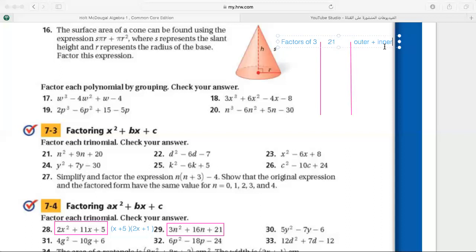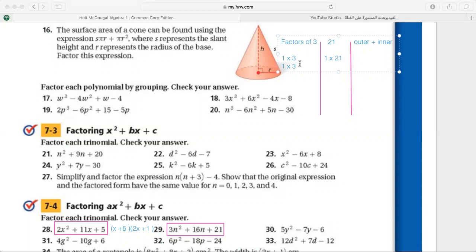Okay. Here I have. What are the factors of 3 that I'm going to use? 1 times 3. Yes. Okay. Here, factors of 21. What are the factors of 21 that I'm going to use? 1 times 21.